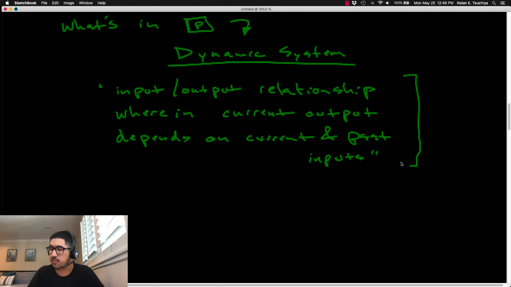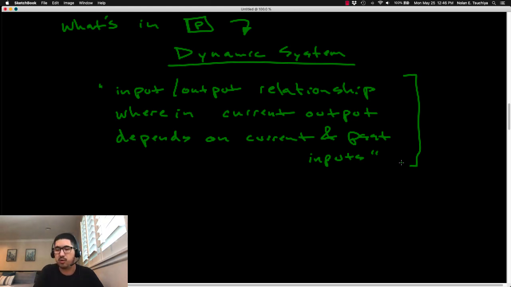Any type of dynamic system you can think of fundamentally falls under this definition. It's basically just an input-output relationship, but it's specific in that the present output at time t is dependent on the present input and past inputs.